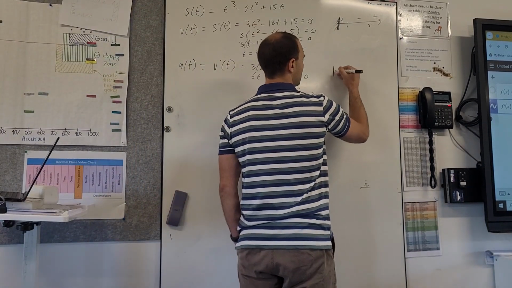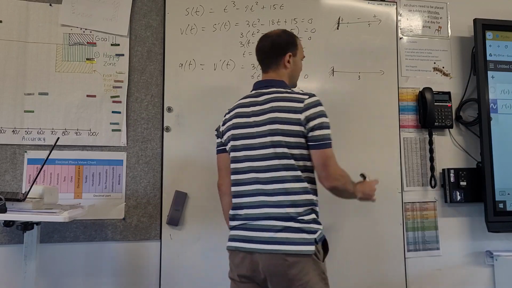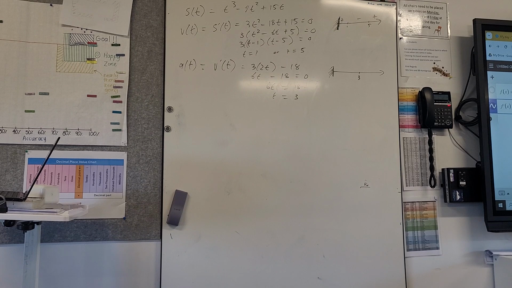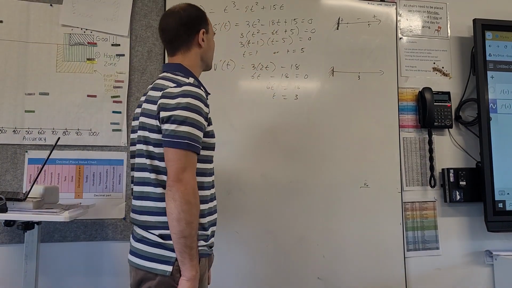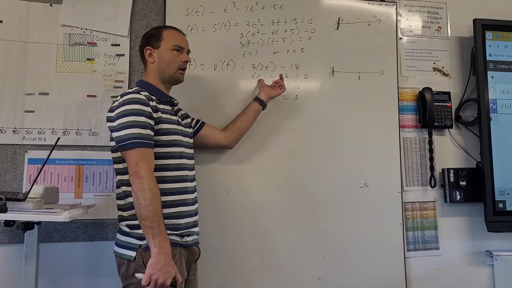So I'm going to draw that one here. We only consider positive values of time, so we don't need to sketch it for anything less than 0. And we need to demonstrate where it's positive, where it's negative, right? So I'm looking at this and I go, this is the equation of a line.